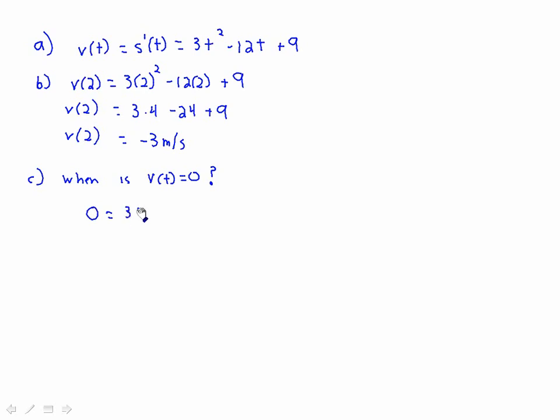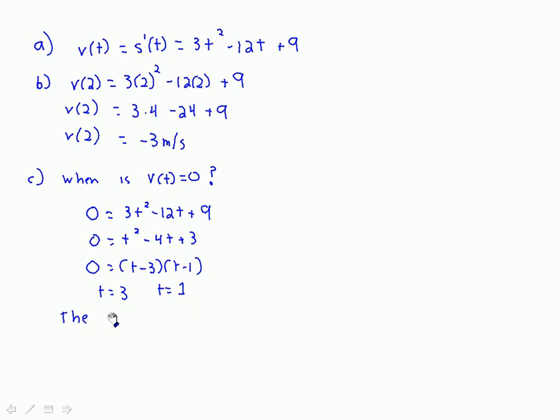So 0 is equal to 3t squared minus 12t plus 9. Now to make the factoring easier, I'm going to divide every term by 3. And I'll divide it right out. So I get t squared minus 4t plus 3. So 0 is equal to (t minus 3)(t minus 1). So t is equal to 3, t is equal to 1.